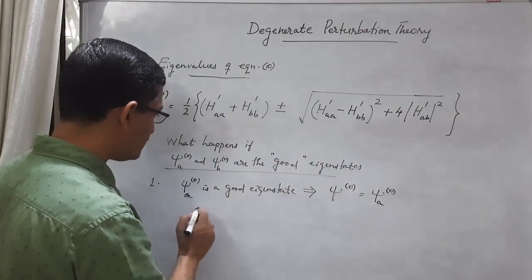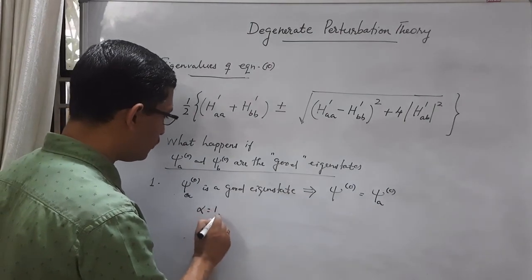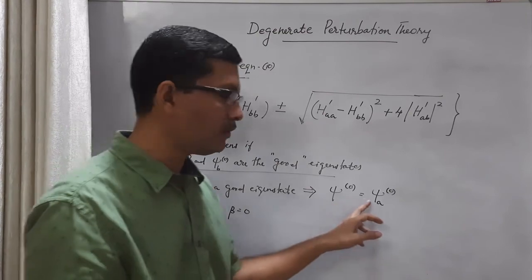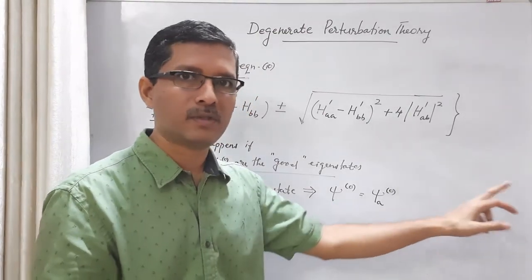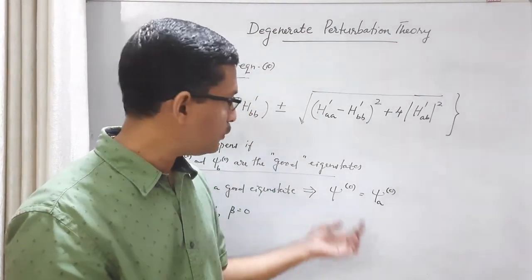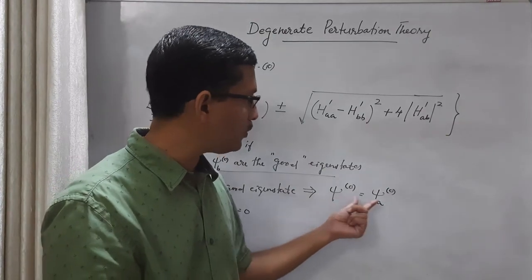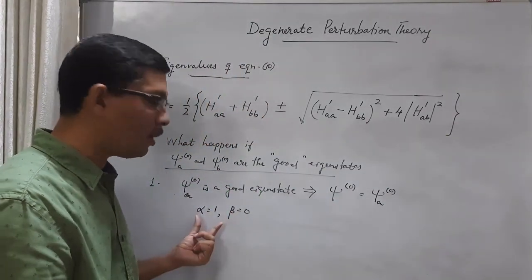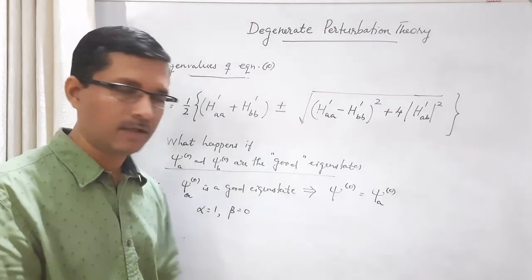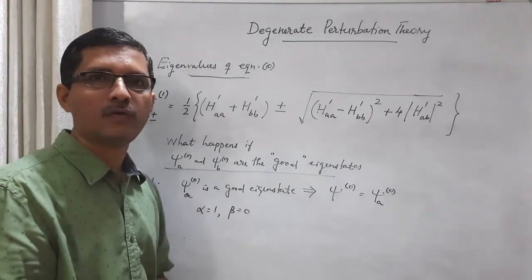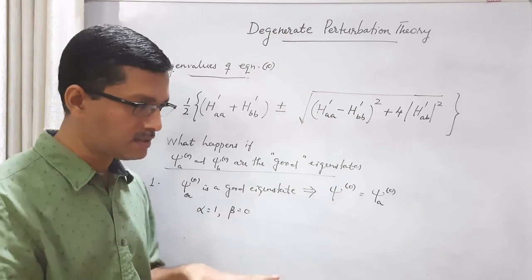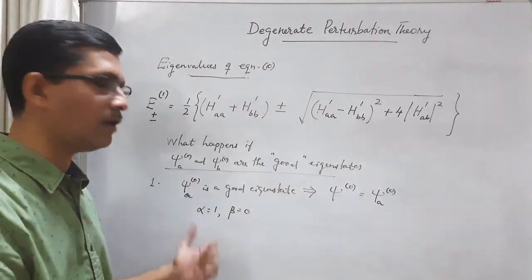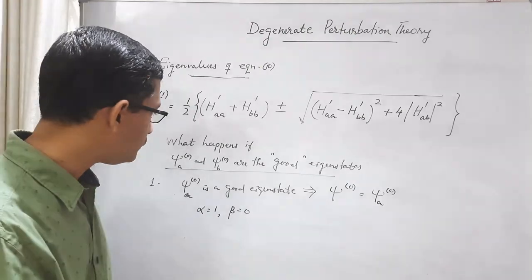What this means is that alpha is equal to 1 and beta is equal to 0, because psi 0 was written as alpha psi A0 plus beta psi B0. So we are considering a particular choice of psi 0 with these coefficients. Let us see what happens.